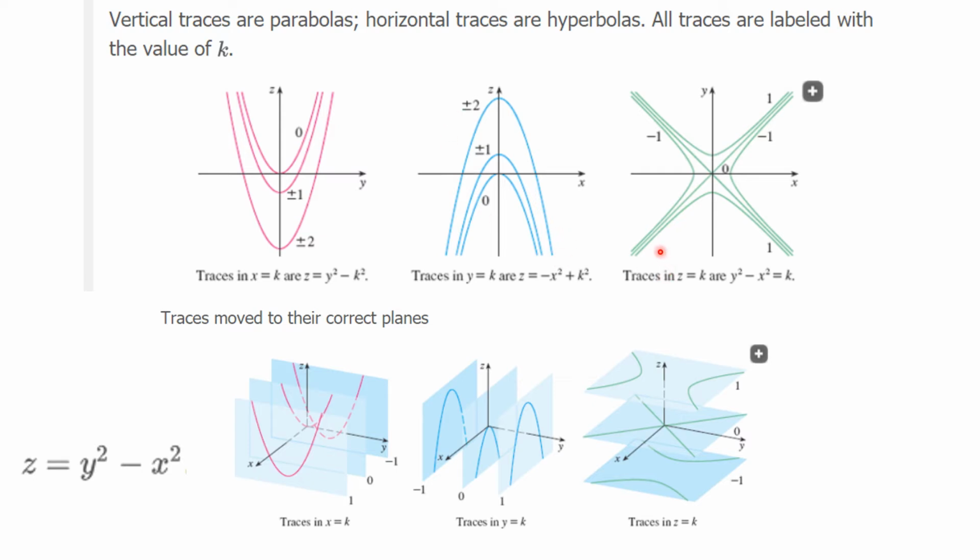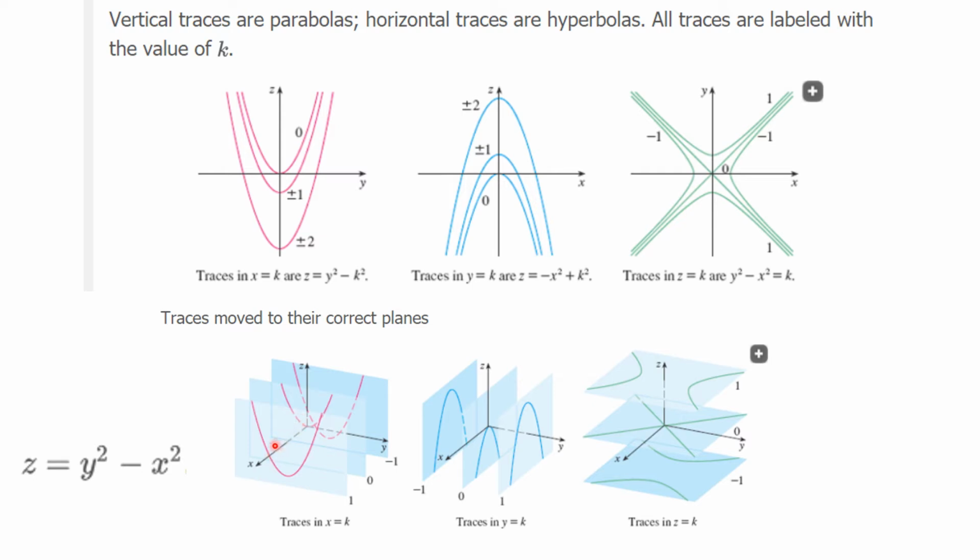And then if we look at z equals k, we get y squared minus x squared equals k. So you see that this is going to be hyperbolas that you get that way. So if we move these to their correct planes, then this is going to be the one where x is equal to a constant.